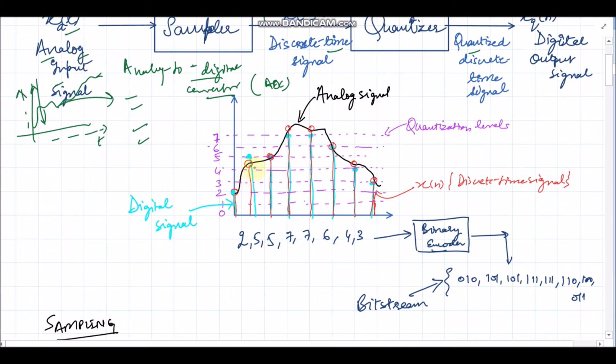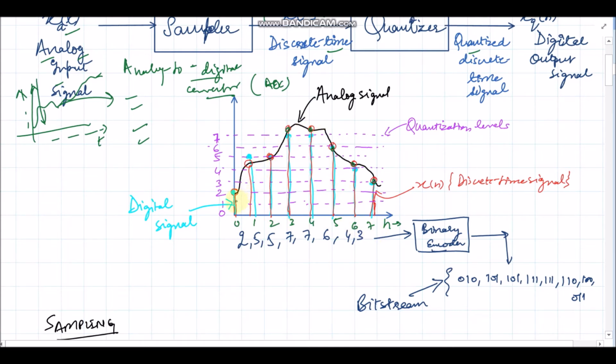So these samples are obtained at the respective heights. Let's say I name these instants as n equal to 0, 1, 2, 3, 4, 5, 6, 7. So we have 8 samples from 0 to 7.